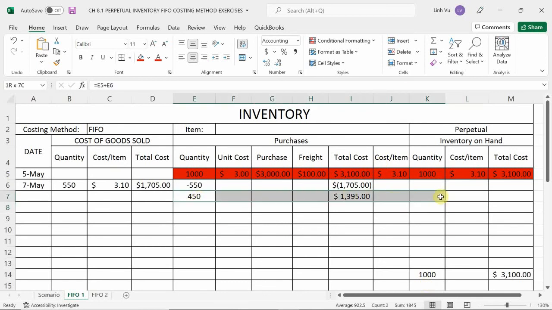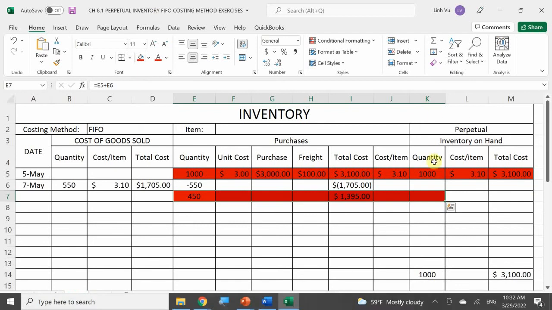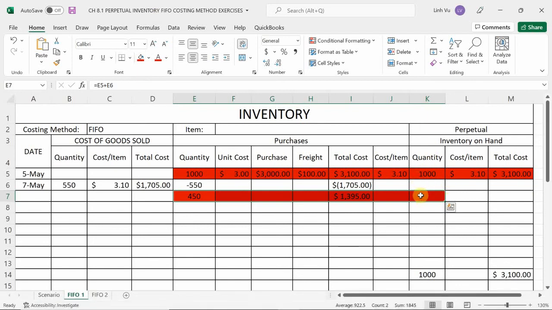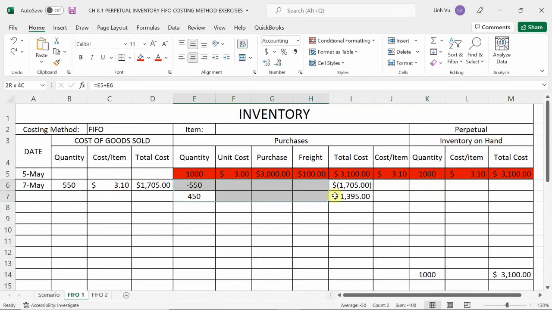Just make sure that you know that this is part of your red batch and this is what you have available now. So therefore, I can tap into my red batch and say, well, I already sold 550 units. So therefore, I don't have 1,000 units anymore.